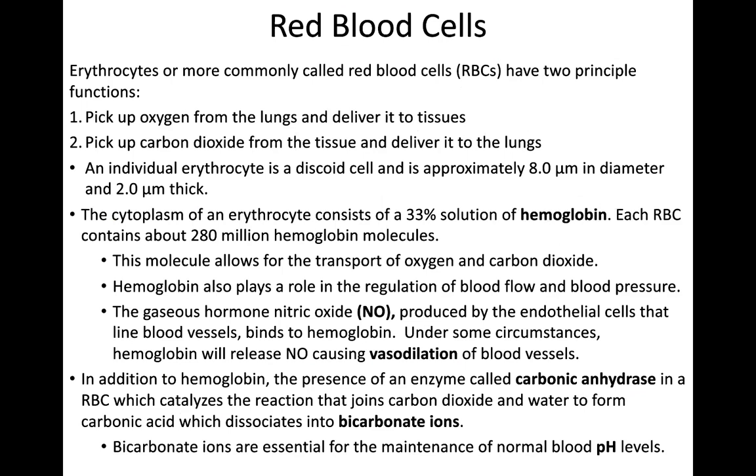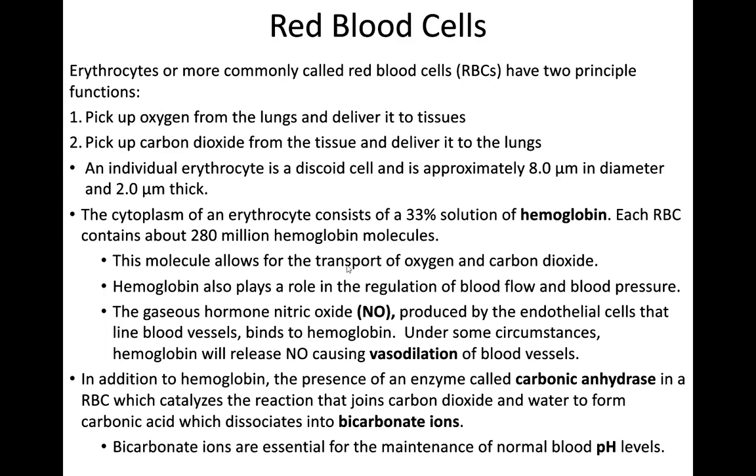More hemoglobin. About 33% of the cytoplasm of a red blood cell is made up of hemoglobin, which accounts for about 280 million molecules of hemoglobin per cell. This is the molecule that is most responsible for transporting our oxygen and carbon dioxide.